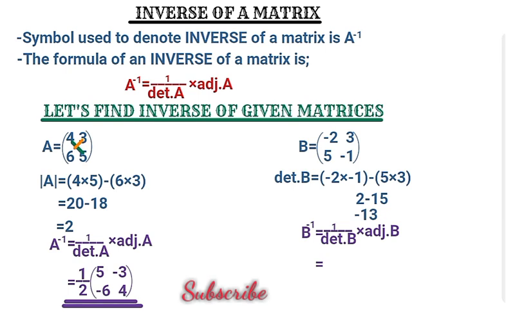So we're going to say 1 over, the determinant we got is -13. So we're going to say 1 over -13, multiplied by the adjoint.